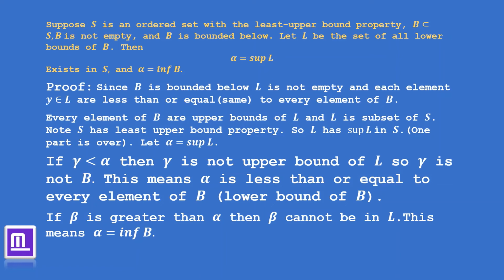Alpha is a lower bound of B, but if there exists a beta greater than alpha, then that beta cannot be a lower bound. This means alpha is the infimum. So alpha is the infimum of B, the same alpha which is the supremum of L. So this is how we can prove it.